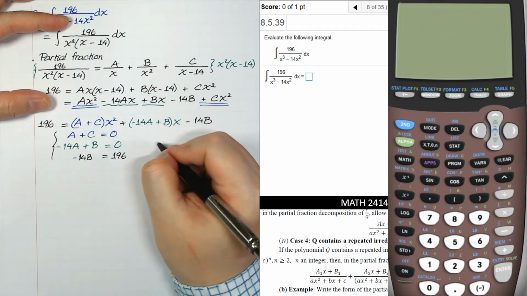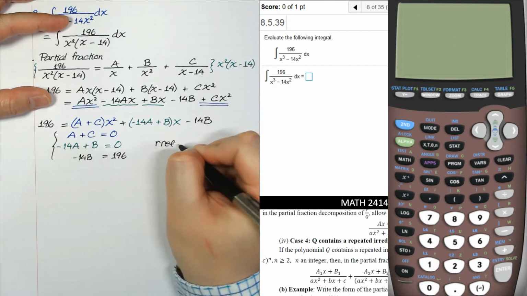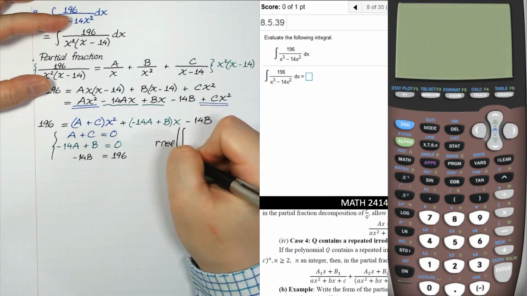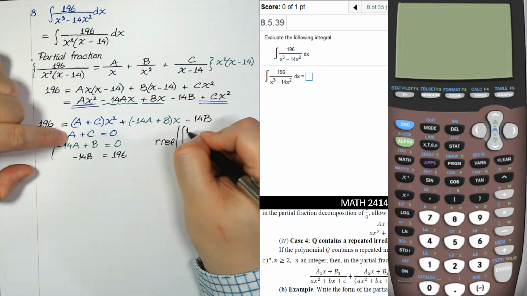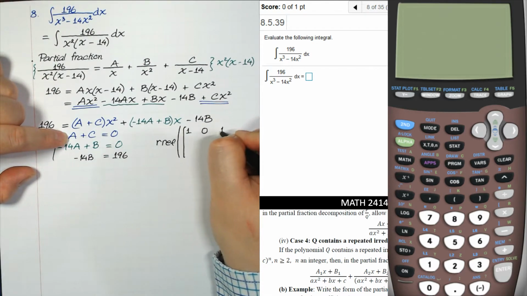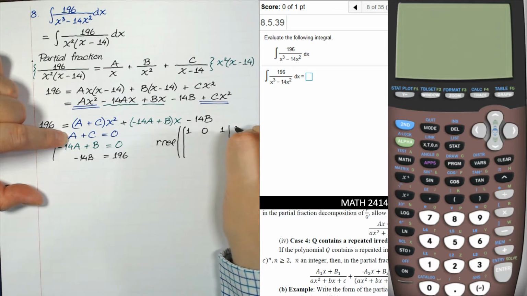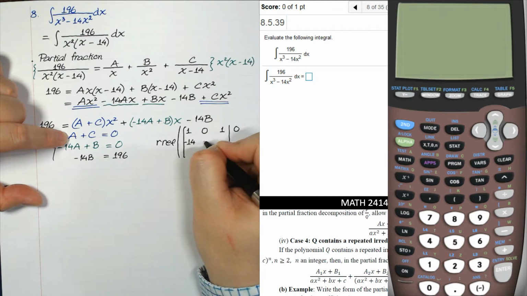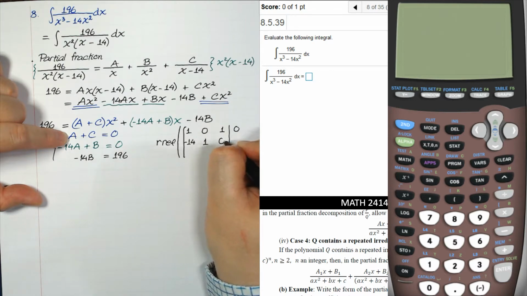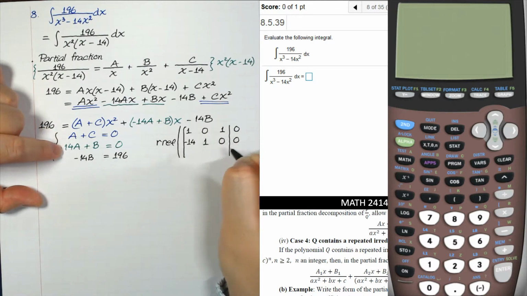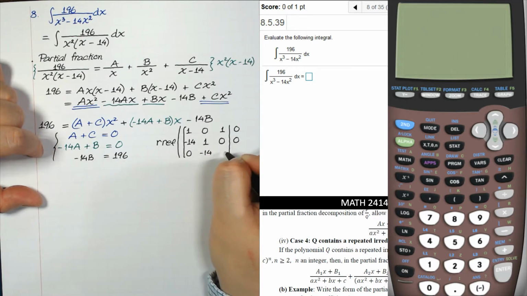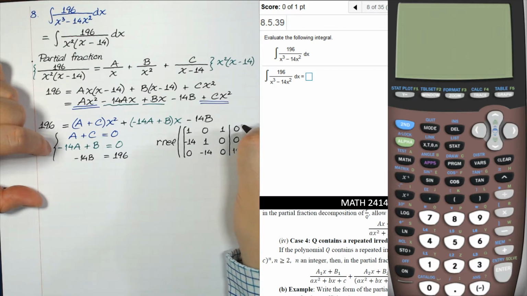We use reduced row echelon form on the matrix. 1 for A, no B, 1 for C equal to 0. Negative 14 for A, 1 for B, nothing for C, 0. 0 for A, negative 14 for B, nothing for C, and 196.